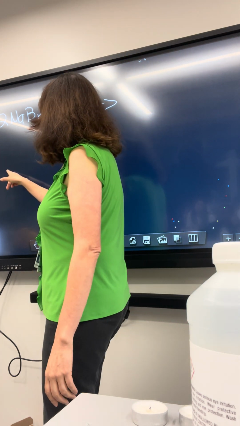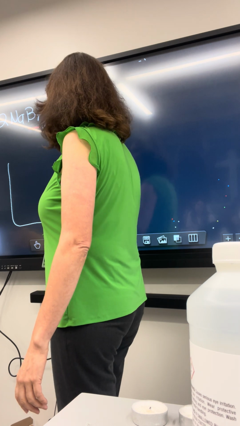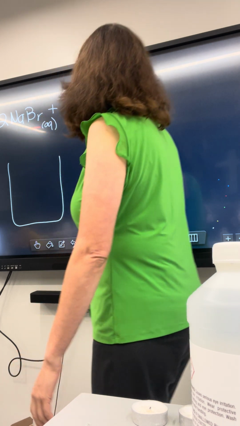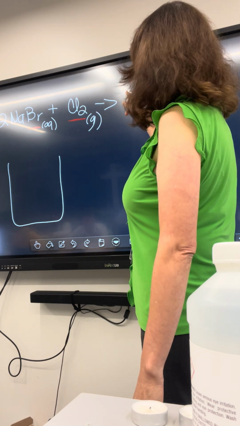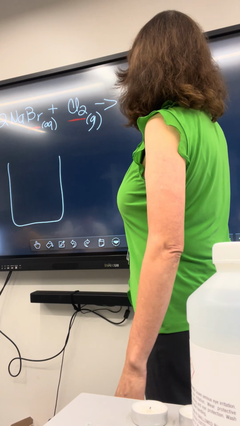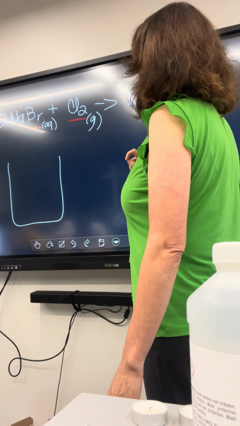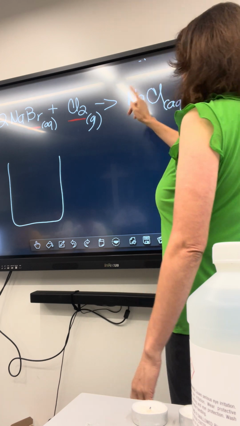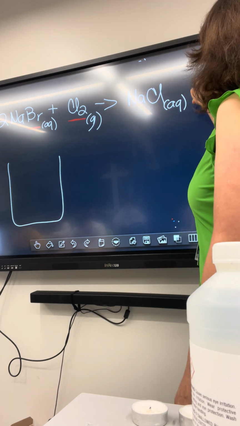You're going to have a container that has sodium bromide. The chlorine replaces the bromide, so you end up with NaCl, literally salt, and you know salt is aqueous. It has the sodium as well.